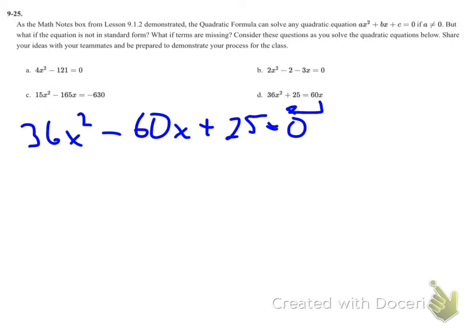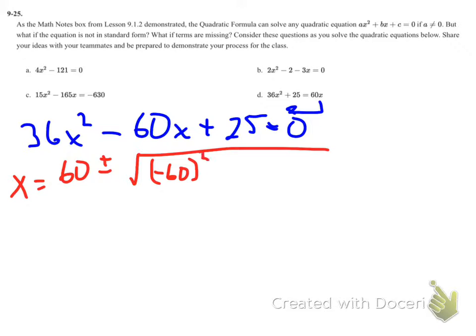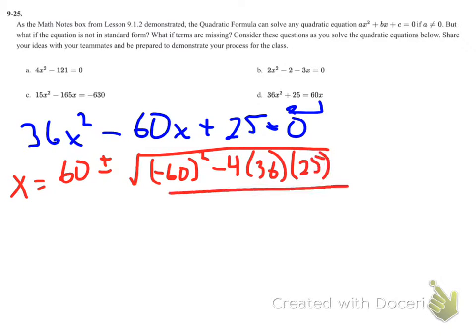And now I have it in the standard form. Unlike the last problem, there is no common factor that I can divide out of everything, so I just need to use these numbers. So x equals positive 60 plus or minus the square root of negative 60 squared minus 4 times 36 times 25 divided by 2 times 36.